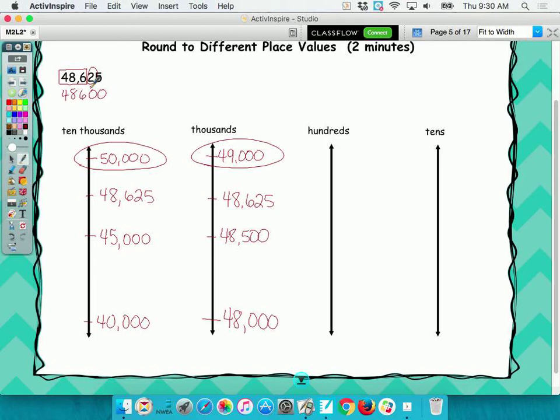So what I wrote down here, 48,600 goes on the bottom of my number line. 48,700. 7 comes after 6. Jay, what's the midpoint? 48,650.